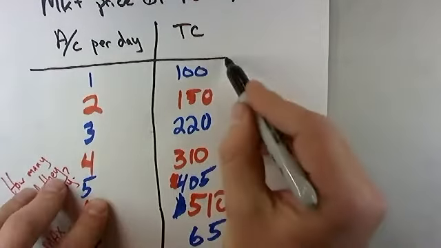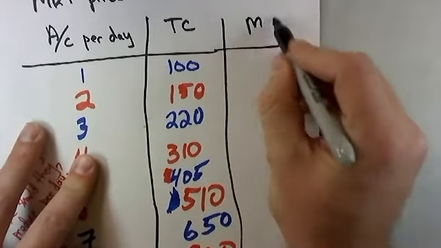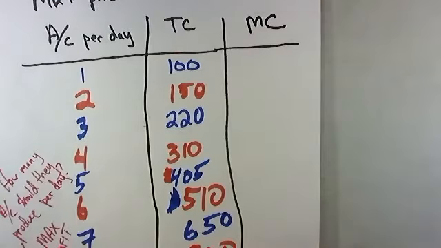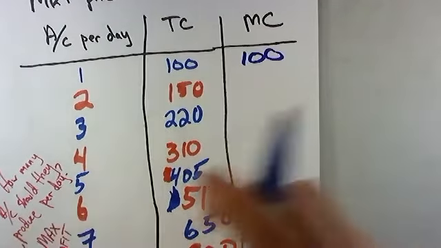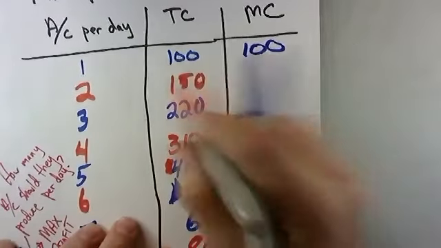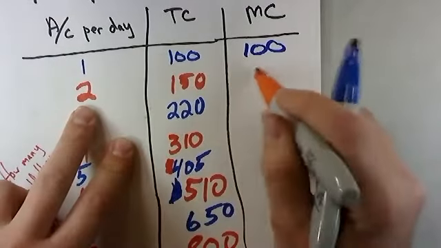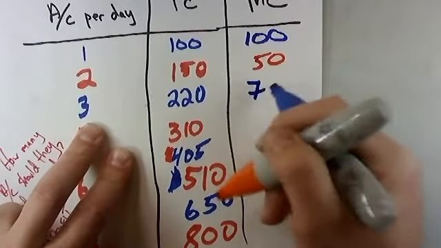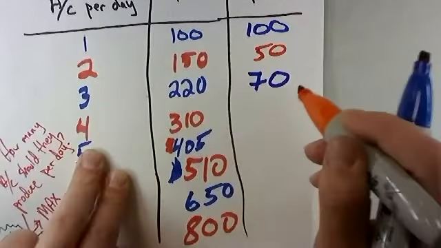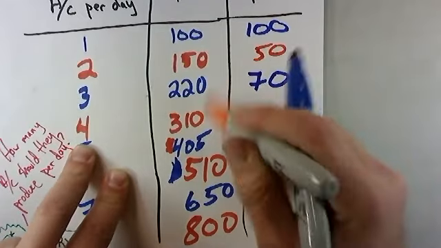So we need to expand this table, of course. We need to get our marginal cost calculations going. The marginal cost for the first 100 is 100. Marginal cost for the second unit is going to be 50. Marginal cost for the third is going to be 70. Marginal cost for the fourth is going to be, what is that, 90.